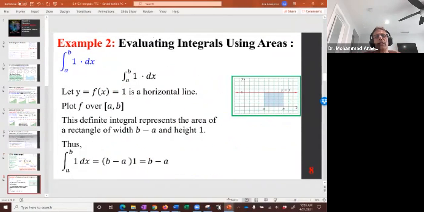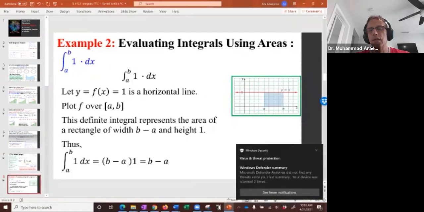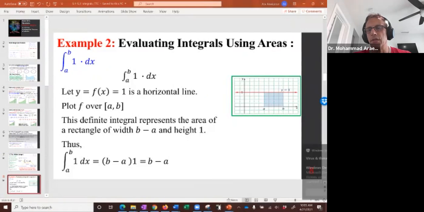We looked at this example using the area. As you can see, it's a horizontal line. When you draw, you end up with a rectangular shape where the area is the height times the width. We end up with b minus a. We also did it using the antiderivative and the fundamental theorem of calculus.